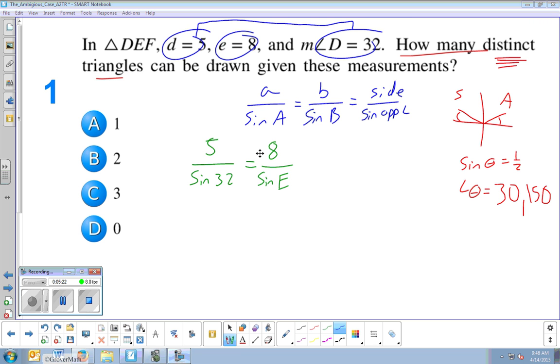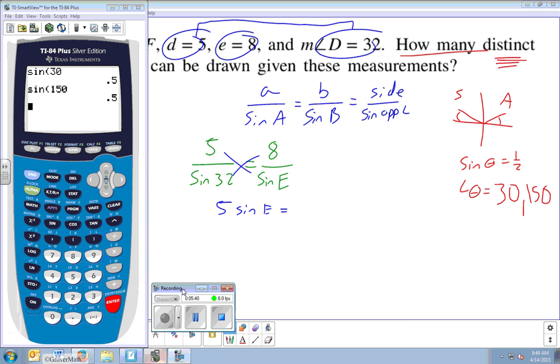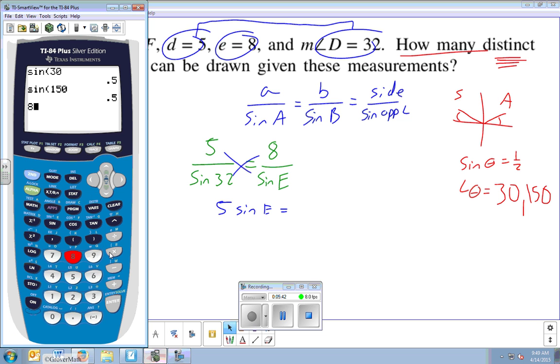Okay, we're back. So if I cross multiply here, I have 5 times sine E, which is just 5 sine E. And then I have 8 times sine 32, which let our calculator do for us. It's going to be a decimal, 4.239354100, and so on.